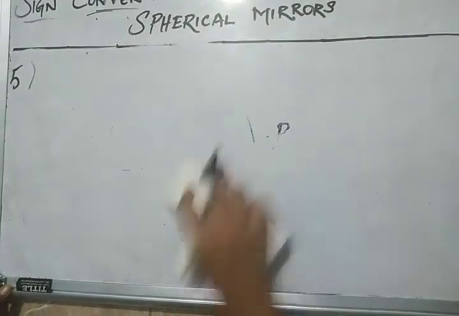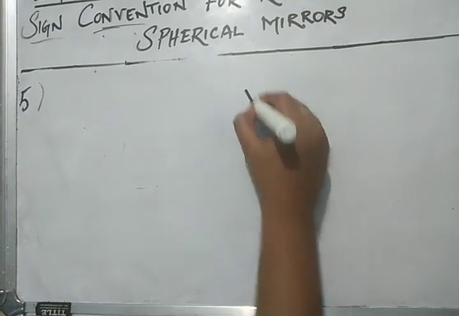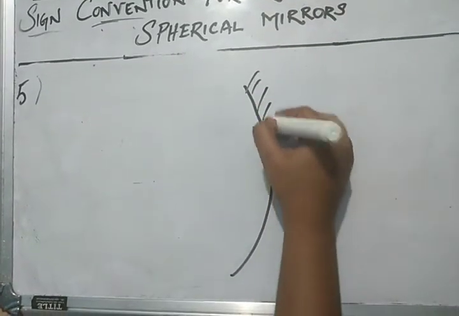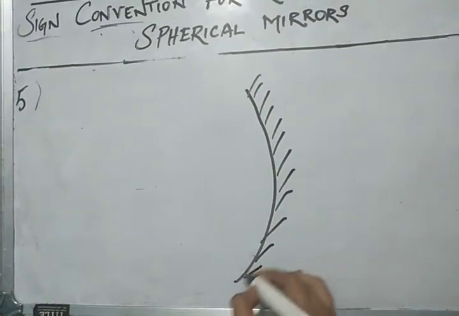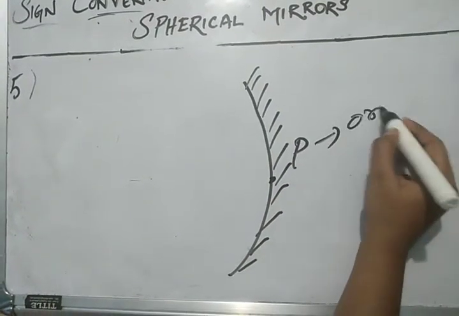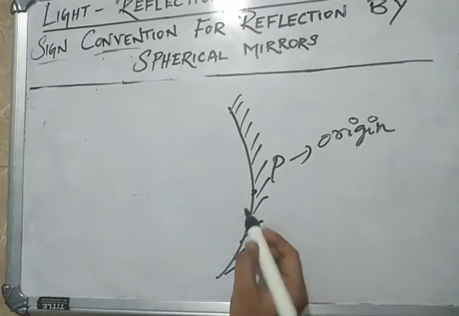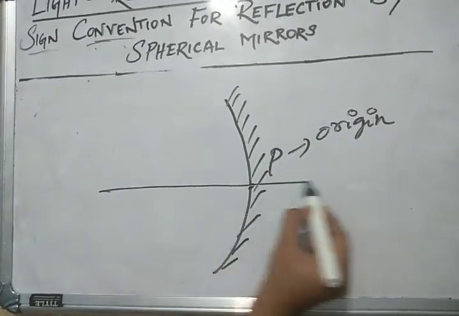Let's have a quick recap. Let me go with the concave mirror itself. This is the concave mirror, rough surface. Then this is the pole. Pole is the origin of the mirror. Then I talked about the principal axis.